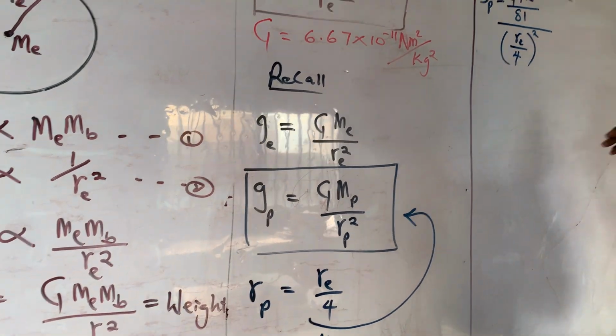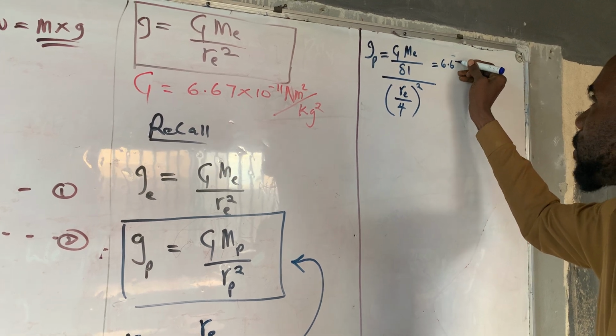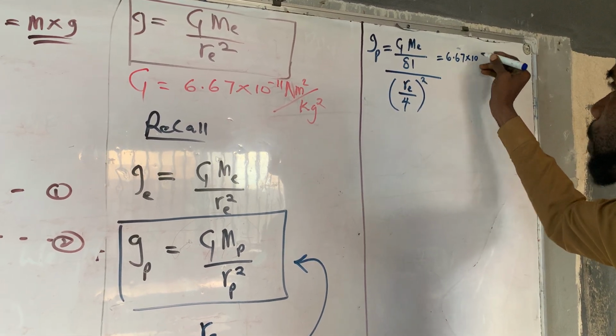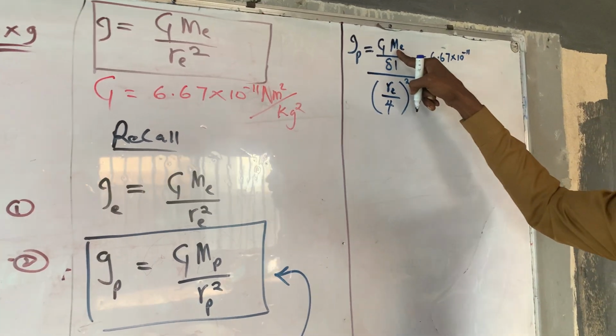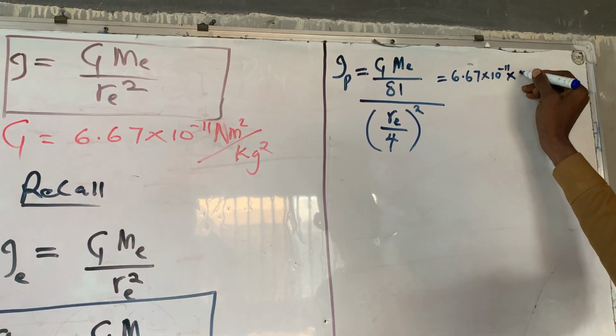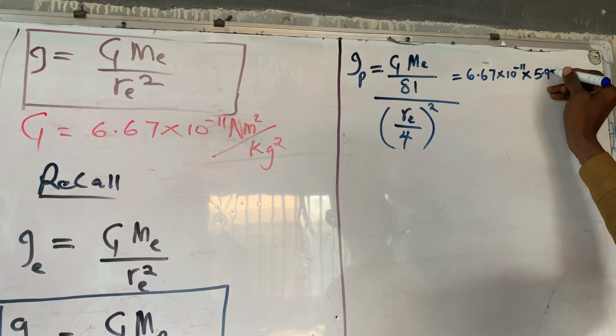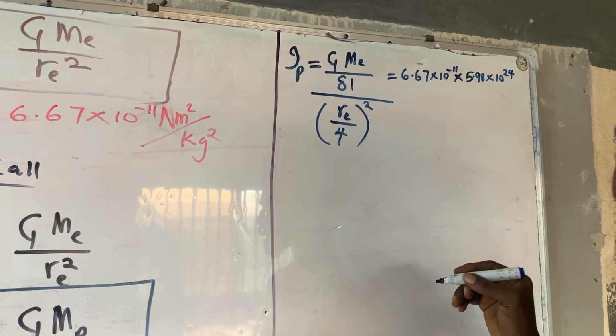Now we open up. So G is equal to 6.67 times 10 raised to the power of minus 11. You multiply that by the mass of the Earth. And what is the approximate mass of the Earth? The mass of the Earth is 5.98 times 10 raised to the power of 24. That is the mass of the Earth.